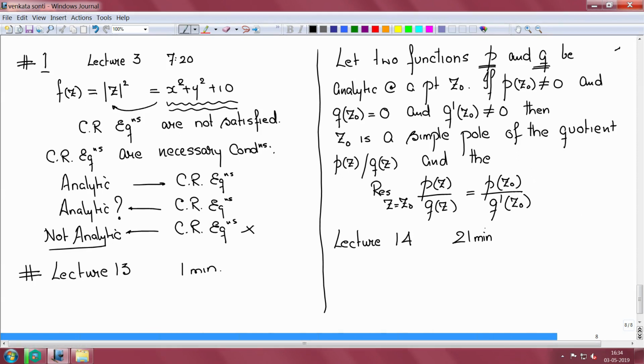I had given a pictorial version of the branch cut. Okay. I was not very satisfied with the picture and the explanation, so I would like to go over it.